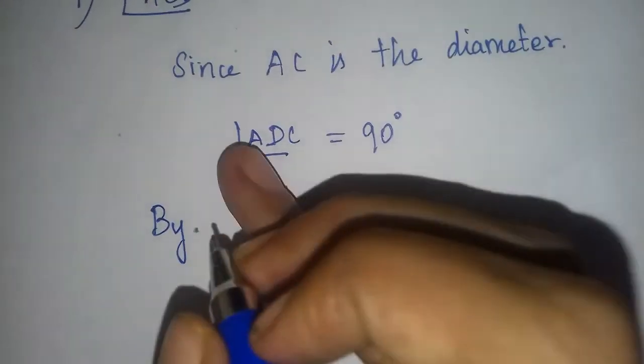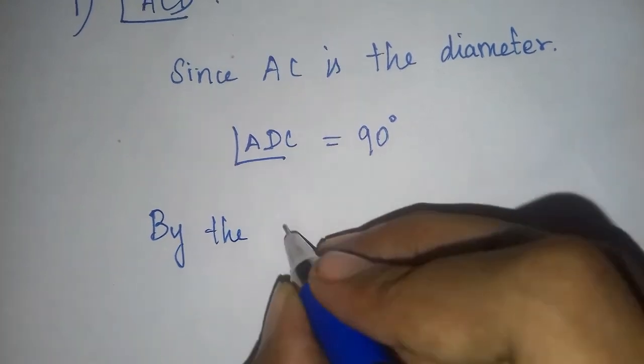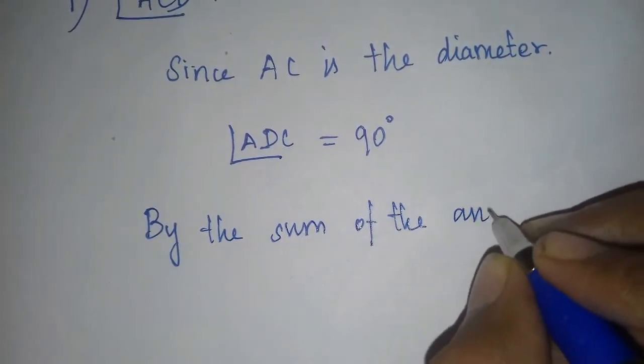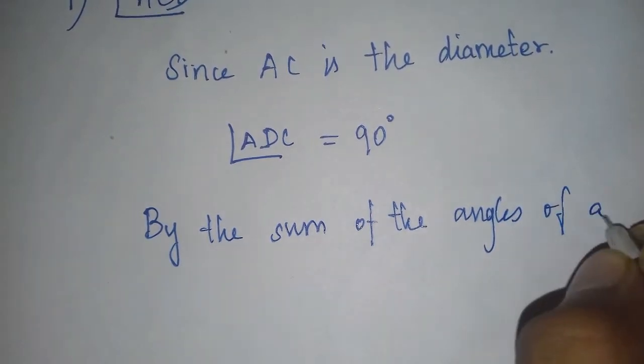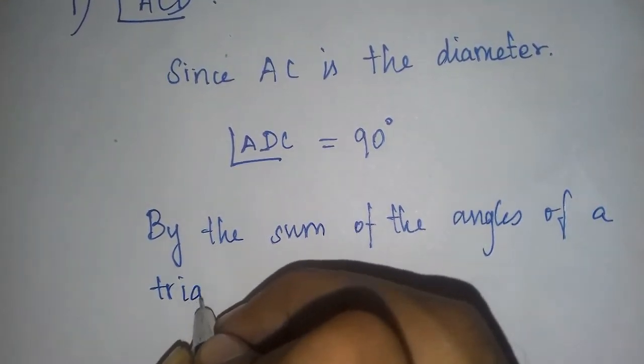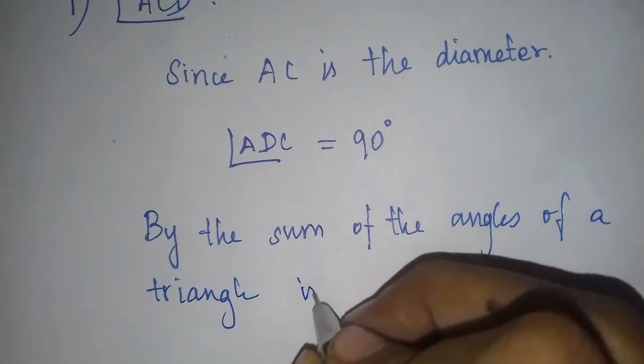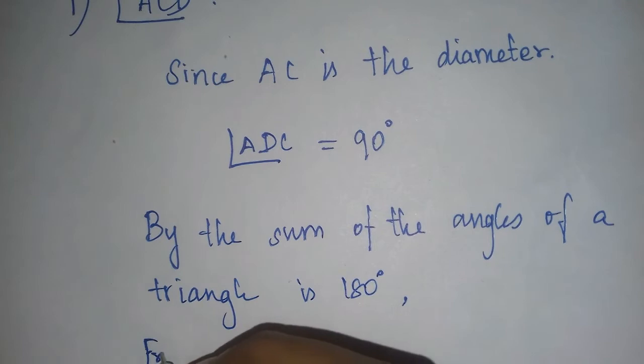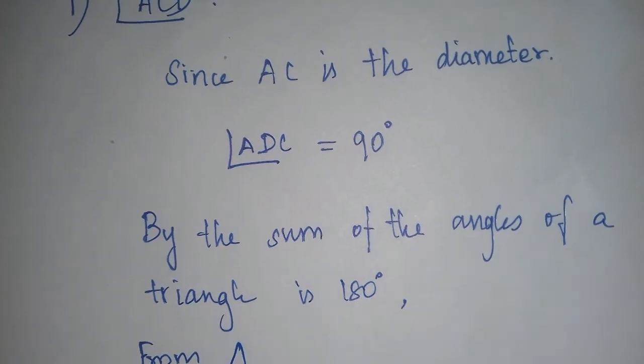By the sum of the angles of a triangle is 180 degrees. From which triangle?